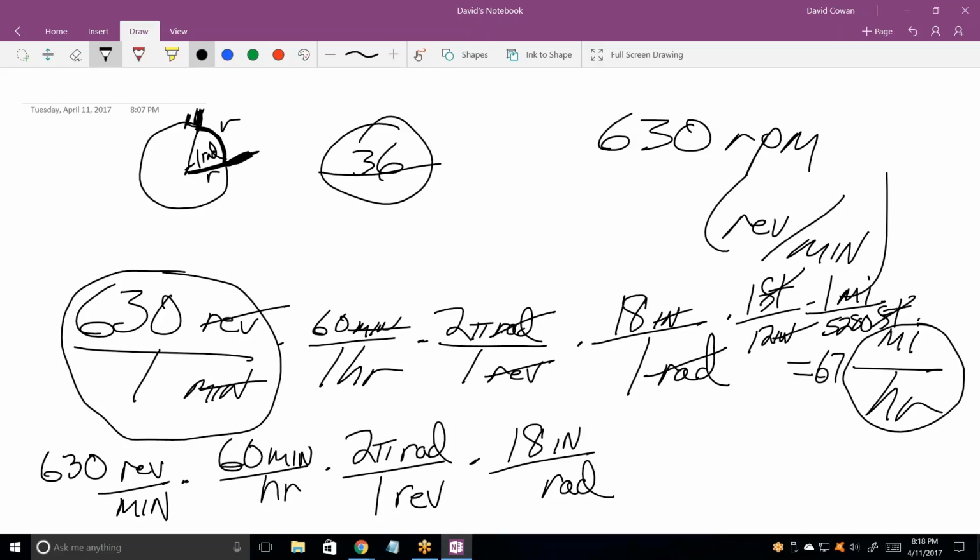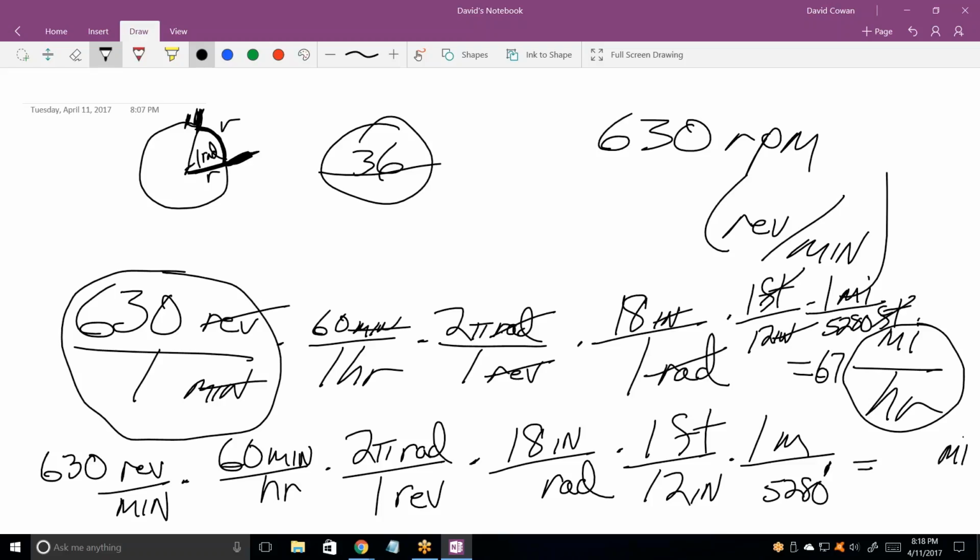In other words, the radius of that wheel is 18 inches. Well, that's what a radian is, the radius. And then I'm multiplying that by 1 foot per 12 inches, multiplying that by 1 mile per 5280 feet. The whole goal is to end up with some number of miles per hour.